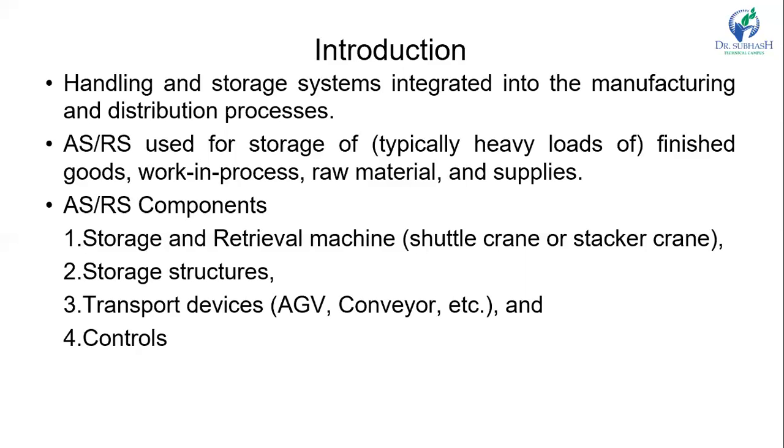This ASRS is sometimes also referred to as an automated warehouse and is a combination of equipment and controls which handles, stores and retrieves material faster and with greater safety and efficiency than conventional material handling and storage systems.